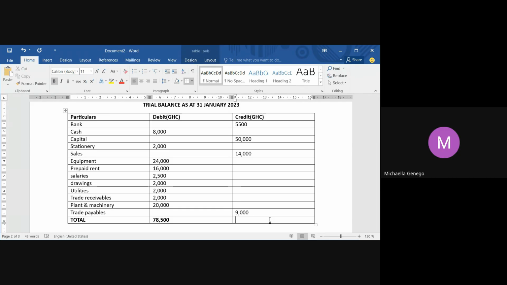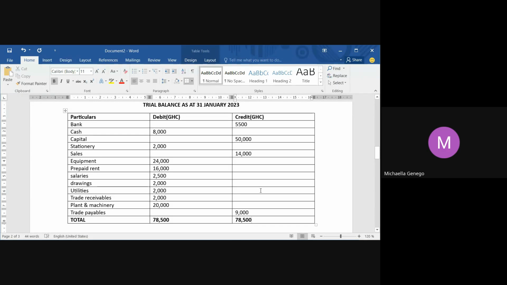What do we have for the credit? You should get the same thing. Are you getting the same thing? Yes, please. So that is what I was talking about.